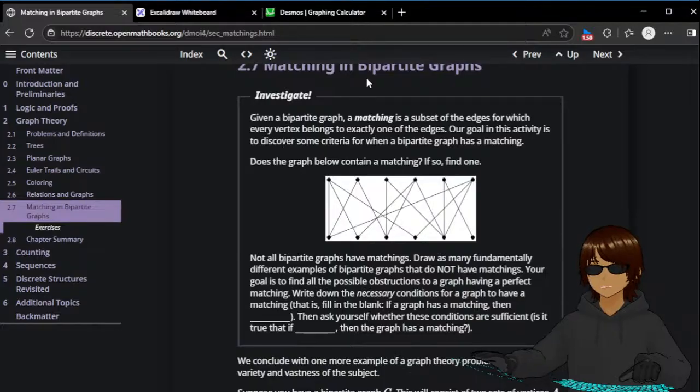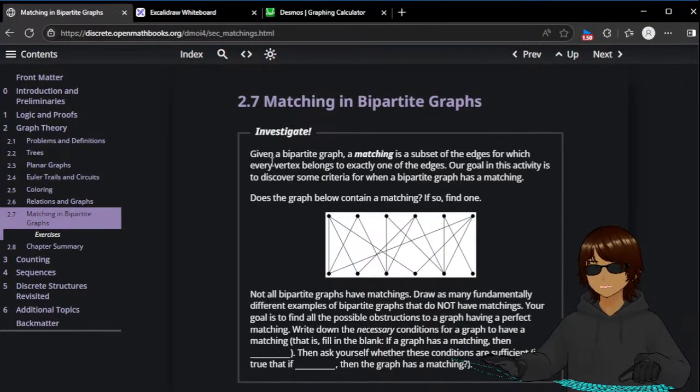Matching in a bipartite graph. Given a bipartite graph, a matching is a subset of edges for which every vertex belongs to exactly one of the edges. Every vertex belongs to one of the edges.